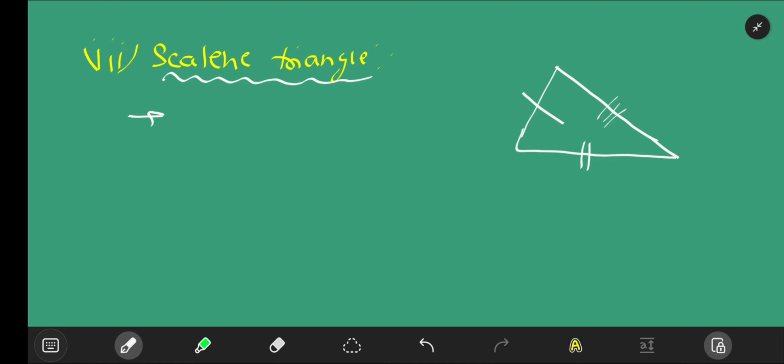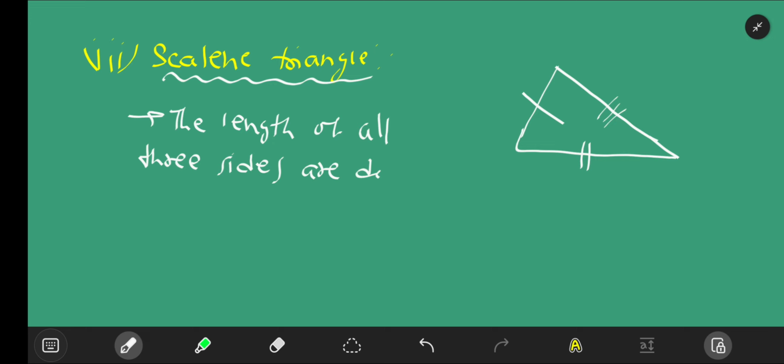Write the statement. The length of all three sides are different. Okay, this is the condition. This length is different from this length. This length is different from this length. All three sides are of different length in scalene triangle. So this type of triangle is called scalene triangle.